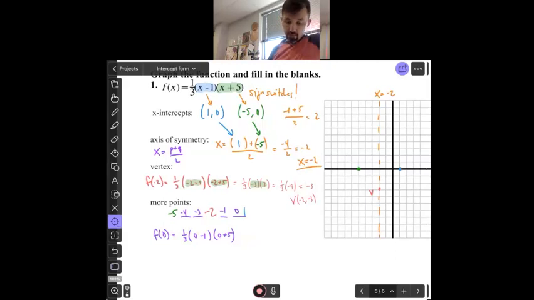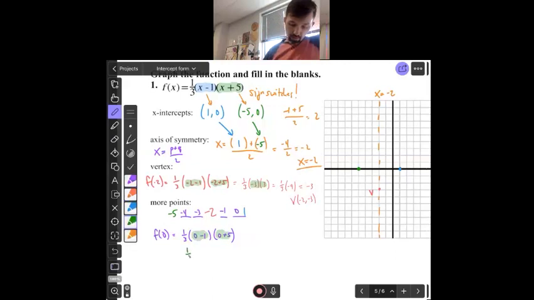Yes. Okay. So again, I get to do this math in the order that I want to. Start inside the parentheses. So 1/3 of -1 times 5, which is 1/3 of -5.